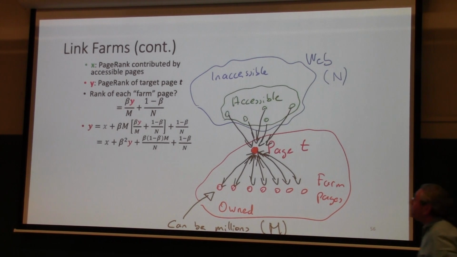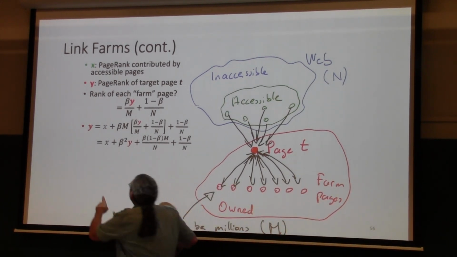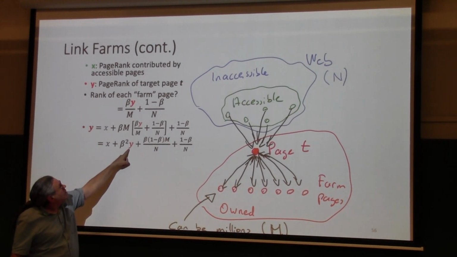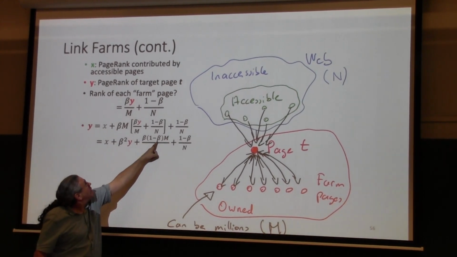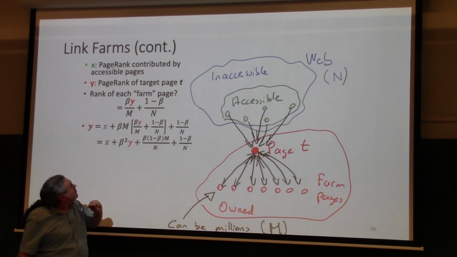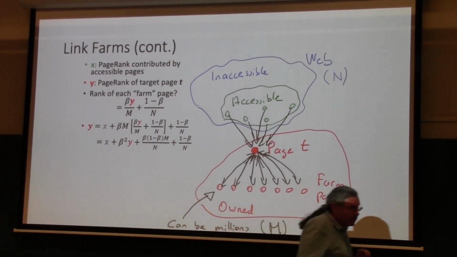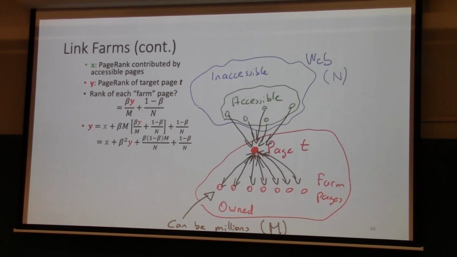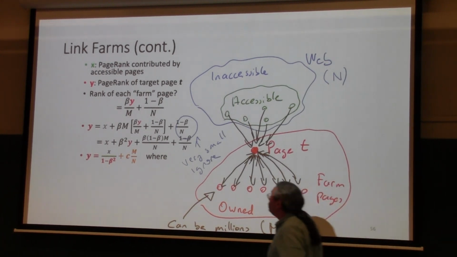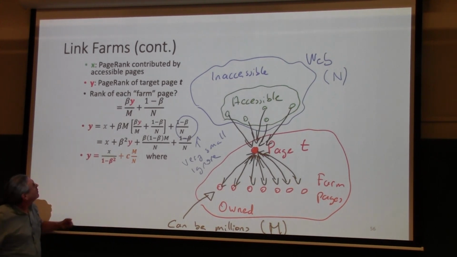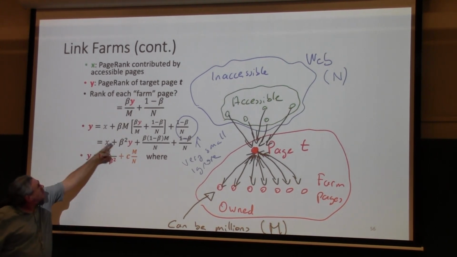Okay, so we can simplify this a little bit. y is equal to x plus beta squared y plus beta times 1 minus beta over m times m over n, plus this very small number. This number we can remove, it's too small. Then we simplify. We have y on both sides here, so it's 1 minus beta squared.